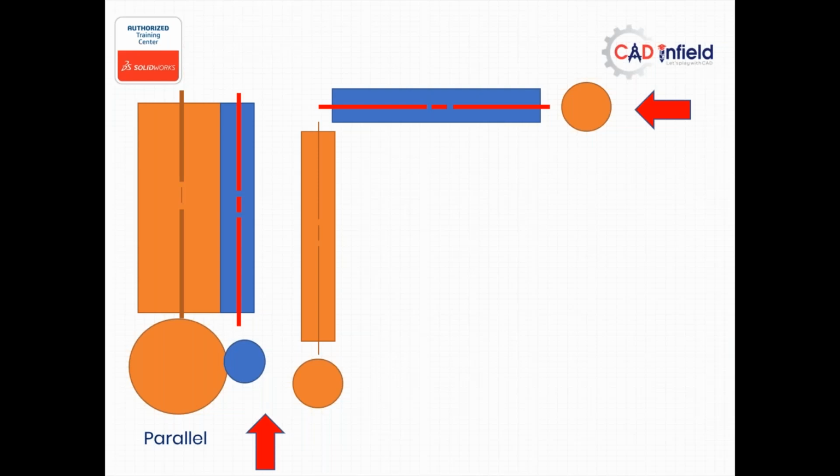Here they intersect with an angle of 90 degrees. That's why it is called non-parallel but intersecting axes, and this comes in the bevel gear family.